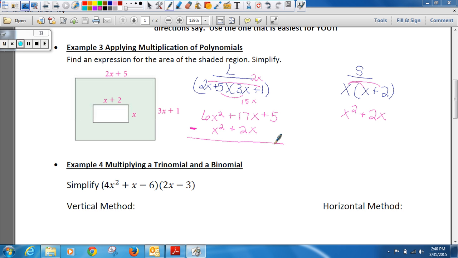So now we have 6x squared minus 1x squared, which is 5x squared. 17x minus 2x is 15x. 5 minus 0 is 5. So the area of the shaded region is 5x squared plus 15x plus 5.